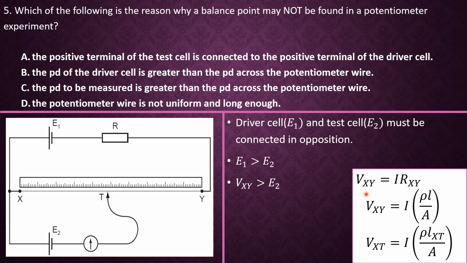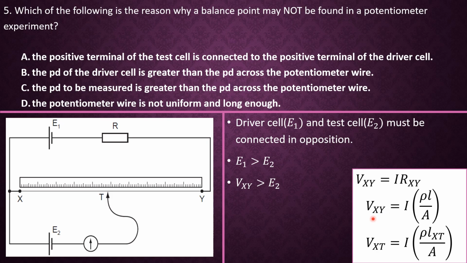And so you can notice here that if this is the balance point, then our Vxy must be equal to I Rxy. Now this is just something you have to know, because this potentiometer wire XY is operating like a resistor. So if we have a balance point here, then the PD across the entirety of XY must be the current that flows through this resistor multiplied by the resistance of the resistor, from X all the way to Y. Perfect, and that's basically Ohm's law.